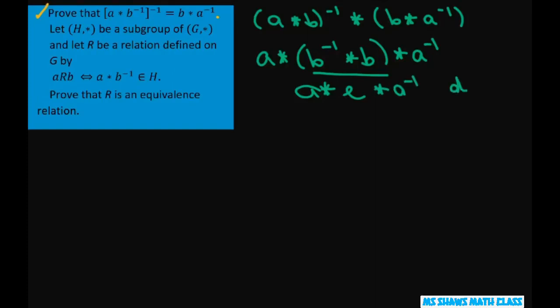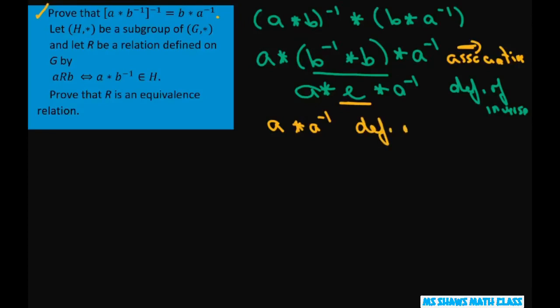And that's the definition of inverse. Okay, and this was the associative property here. And then A star A inverse, and that's the definition of identity. And then this equals E, which is the definition of inverse.